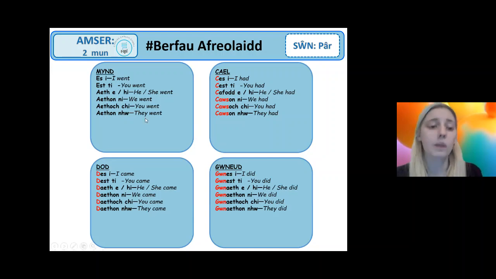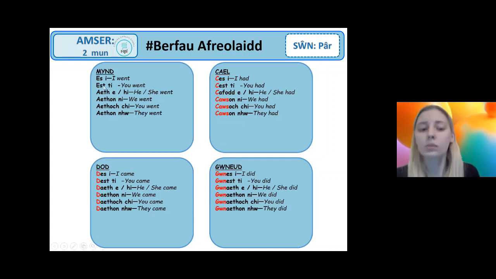So remember, there are four main verbs of the irregular past tense. Mynd in the past tense is es i, I went, est ti, you went, informal. Aeth e or aeth hi, he or she went. Aethon ni, we went. Aethoch chi, you went, which is the formal. And aethon nhw, they went.